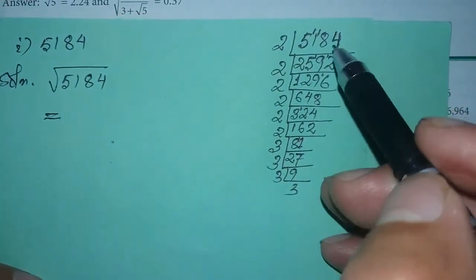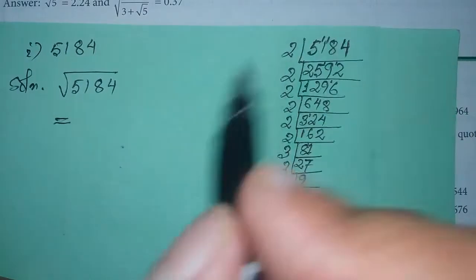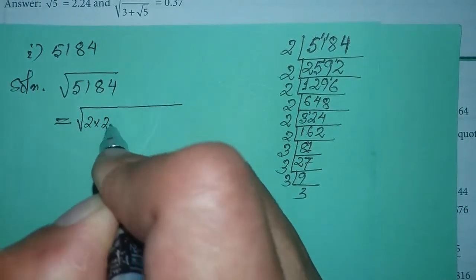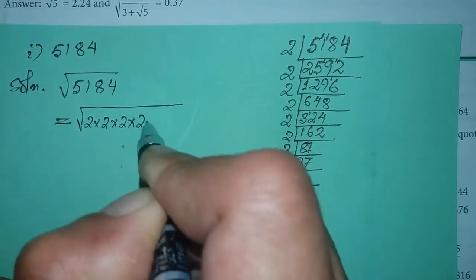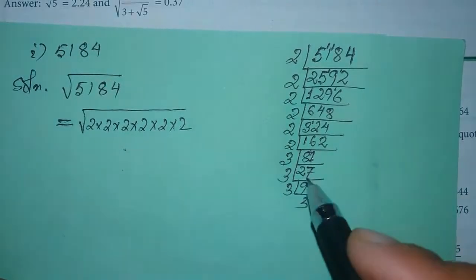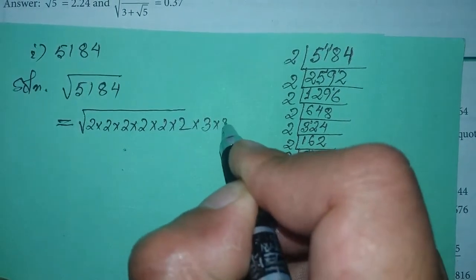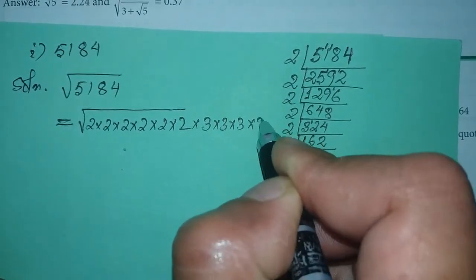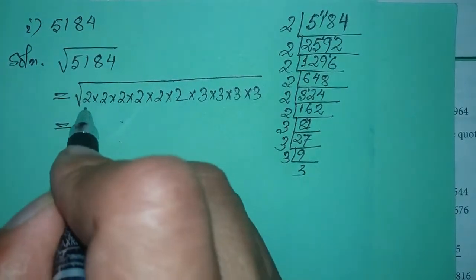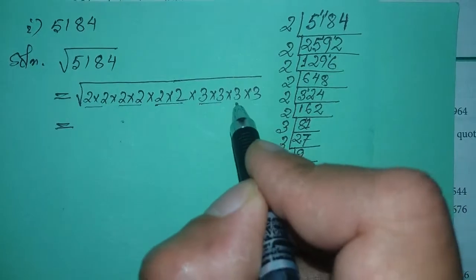So we have 1 2 3 4 5 6. We have 6 2s, 2 into 2 into 2 into 2 into 2 into 2, and then 1 2 3 4 3s. Now you're going to take in pairs.